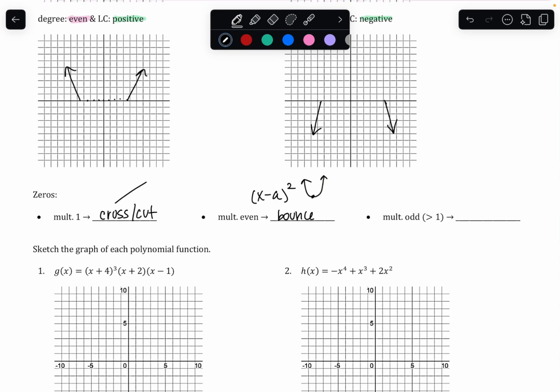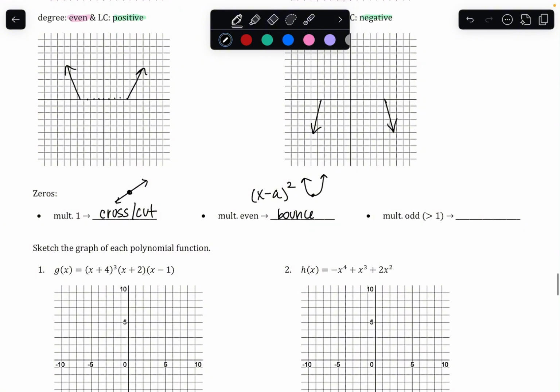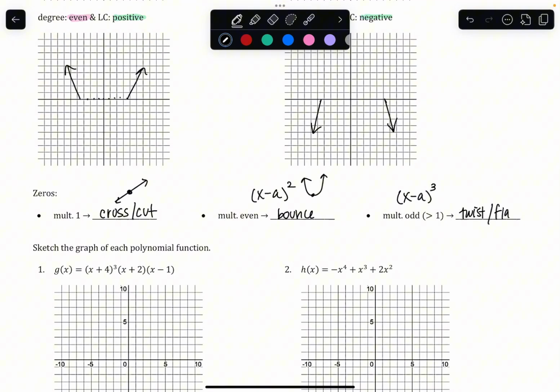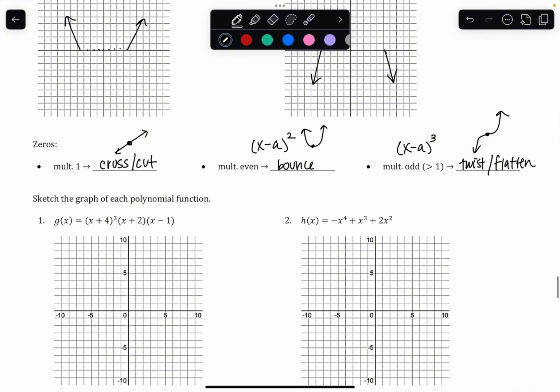Here you can kind of picture your linear. It's going to cross. And if your multiplicity is odd but still bigger than 1, so let's say cubed, it is going to twist. Some call that a flatten. Picture your cubic function. The function has a change in concavity at that point.